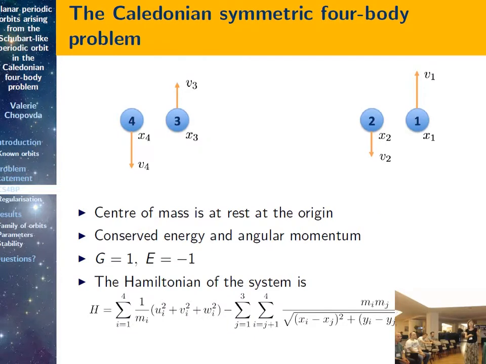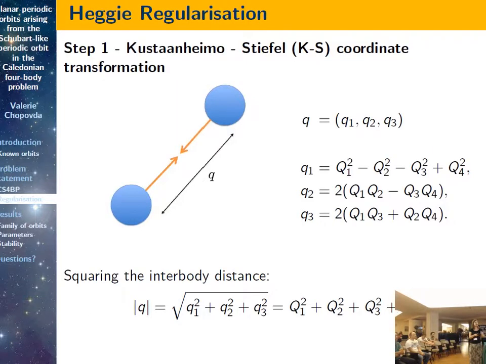We fix the center of mass at the origin, and we've got conserved energy and angular momentum. We set the gravitational constant to 1, and the total energy of the system is equal to -1, and that's the Hamiltonian of the system. And because the Schubart-like orbit is a collinear orbit, we have to use regularization to be able to integrate through collision or close encounter.